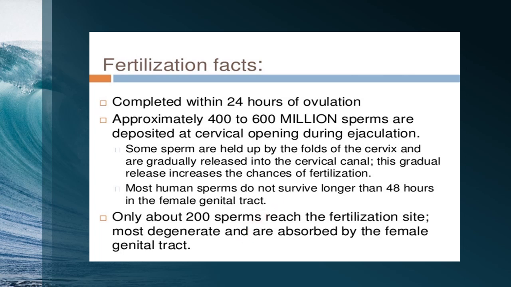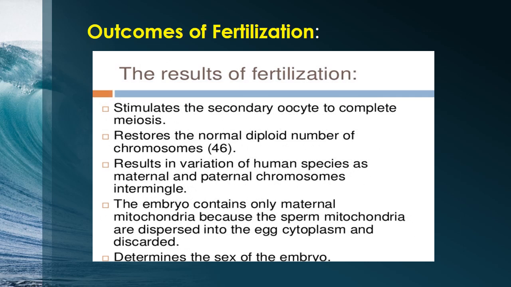So only about 200 sperms reach the fertilization site, and most degenerate and are absorbed by the female genital tract. As a result of the fertilization, the secondary oocyte completes its meiosis, that is, the second meiotic division is completed.